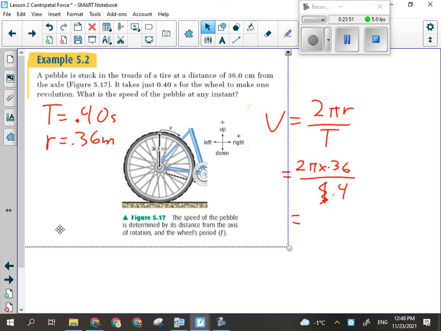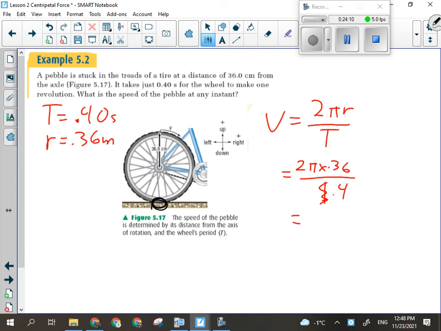Where is that most likely to happen? As this thing goes around and around in the circle, at what point is it most likely to happen? As it's leaving the ground. Yep, right here. That's where it's most likely to leave the circle, because this is actually a vertical circle, and that's where it's going the fastest.